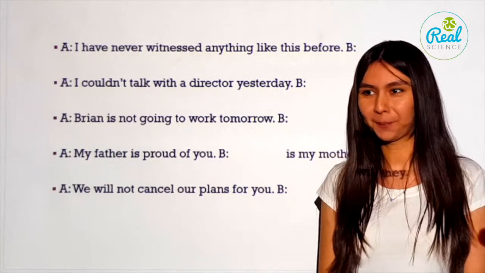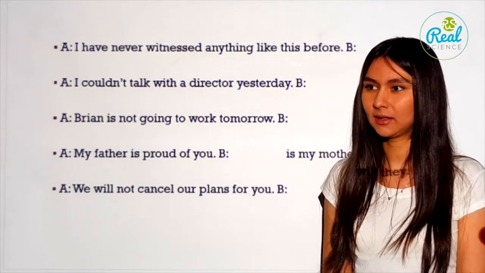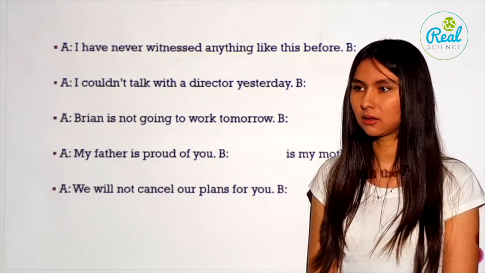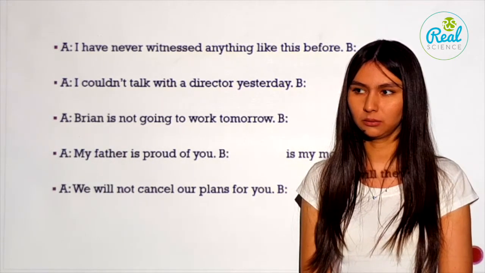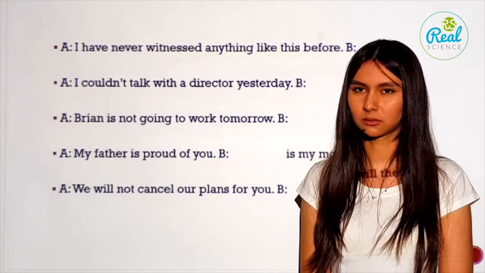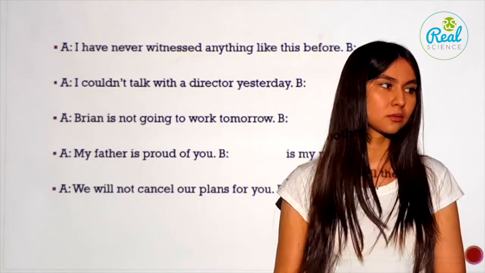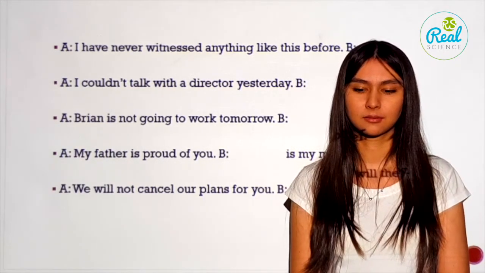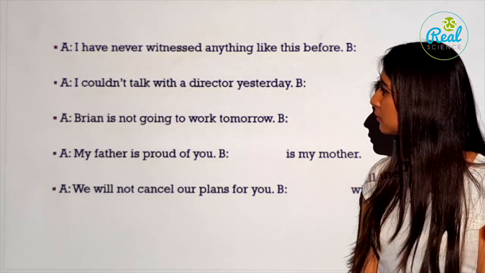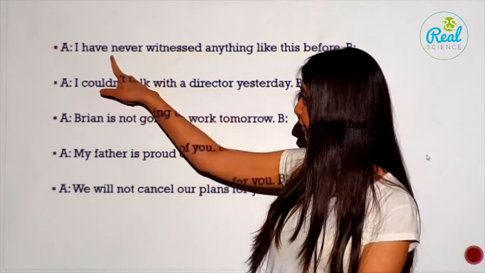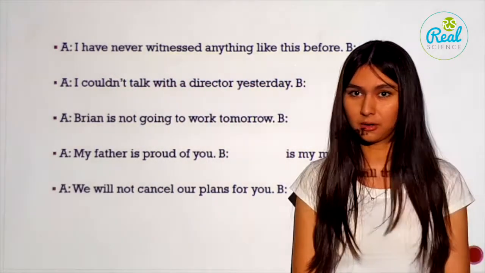Anastasia, can I ask the question? Why in the first sentence do we use "so have I", but I said "nor have I" because the sentence is negative? This one: I have never witnessed anything like this before.